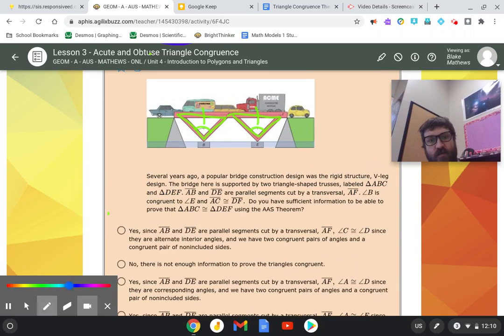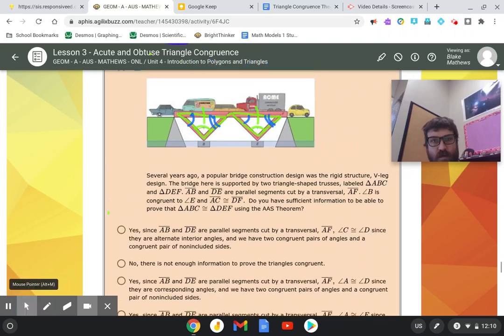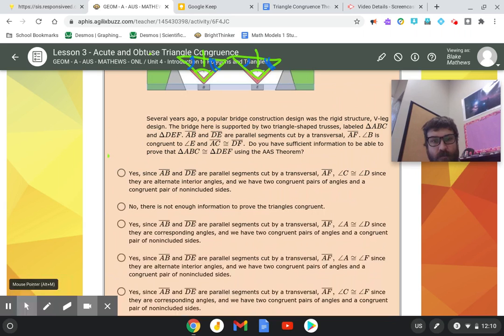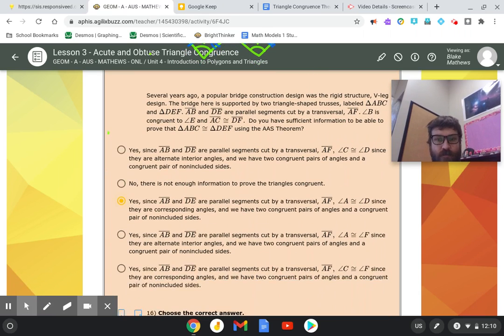We can either use these are corresponding angles, or we can say that these are corresponding angles in the transversal line. So we're going to use A and D are corresponding angles. There we go. So that's going to be your answer choice right there.